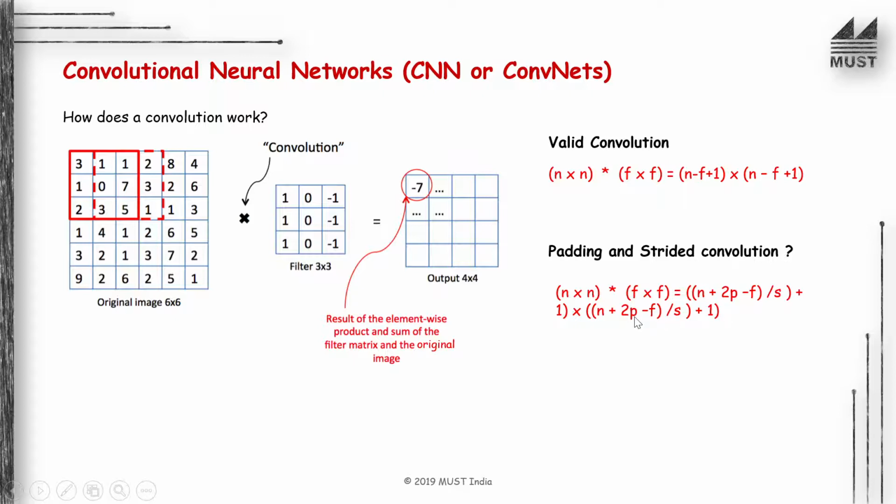Here P stands for padding and S stands for the amount of stride which you are adding. In such a case, it is called same convolution because you are keeping the same dimension of your output matrix as that of your input image matrix.